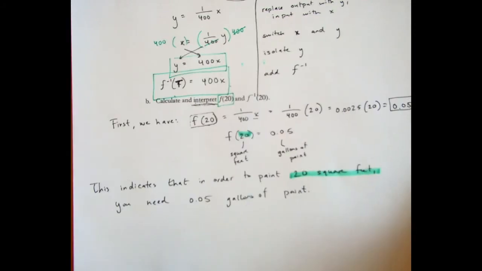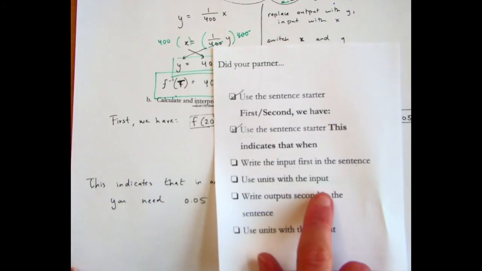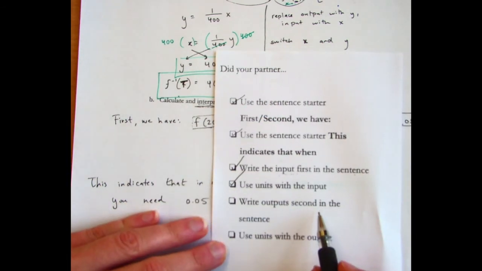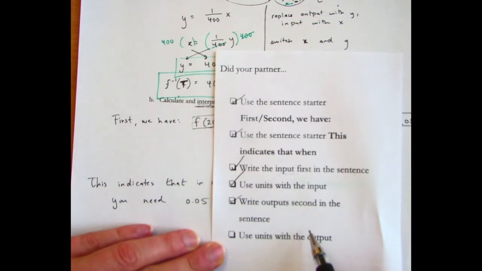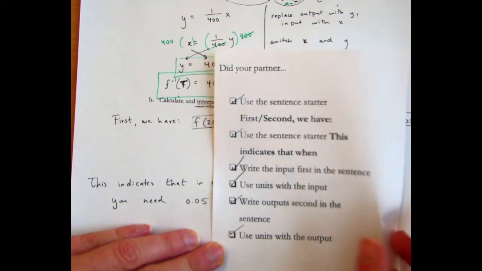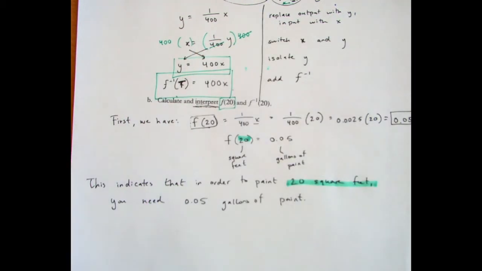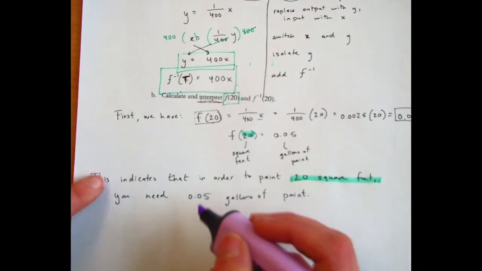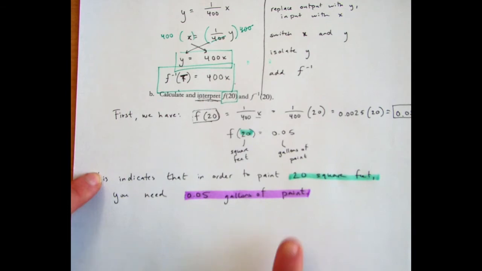And I want to use units with the input. I did that, I used square feet. And then I wrote output second in the sentence, and I used units with the output as well. So here is my output, comes second in the sentence, and it has units that go with it as well.